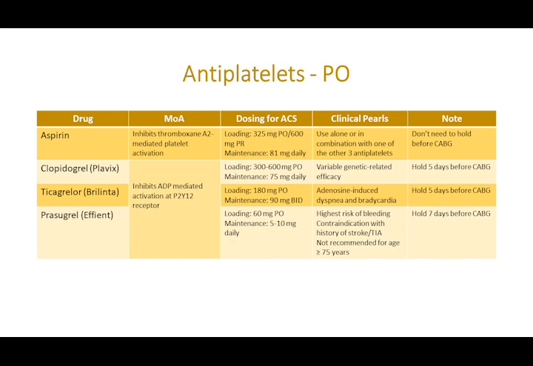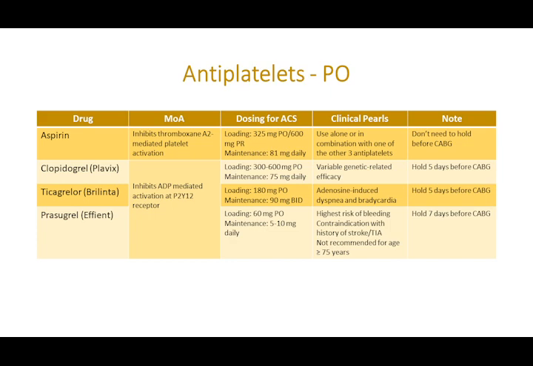First, aspirin. It is an inhibitor of thromboxane A2 platelet activation. There are a lot of dosing regimens out there, but this is the typical dosing for our STEMI and non-STEMI patients: a loading dose of 325 milligrams PO, and if the patient is unable to take aspirin PO, we have the option of giving 600 milligrams rectally.